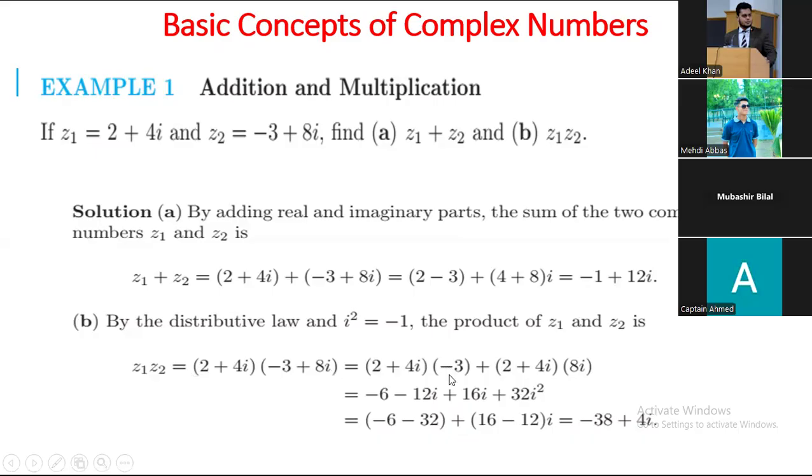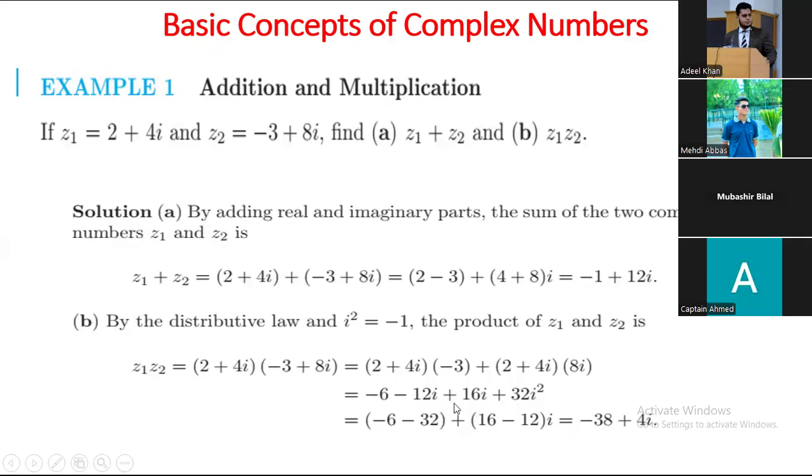So -3 multiplied with 2 and 4 iota, we get -6 minus 12 iota, and 8 multiplied with 2 plus 4 iota, we get 2 into 8 is 16 and 4 into 8 is 32, and this factor has an individual iota as well. So it would be 16 iota and 32 iota square.